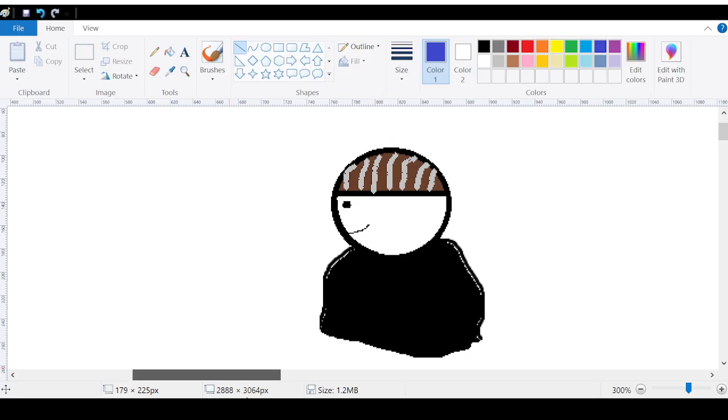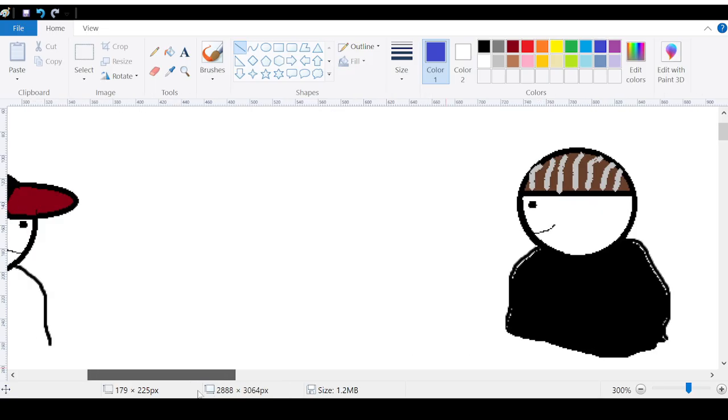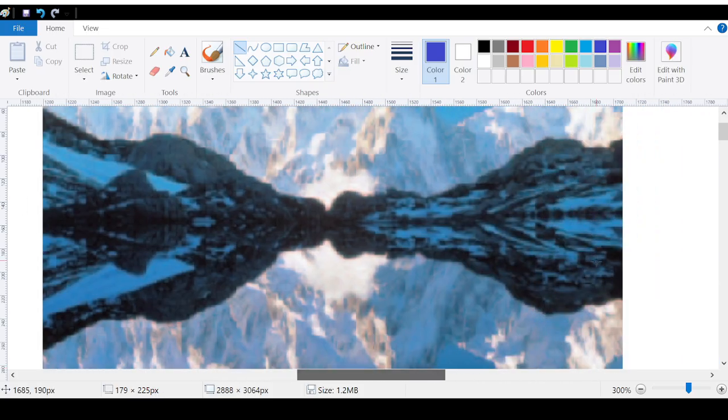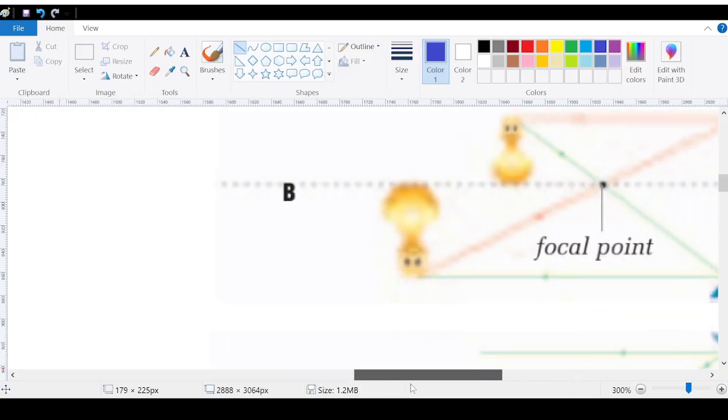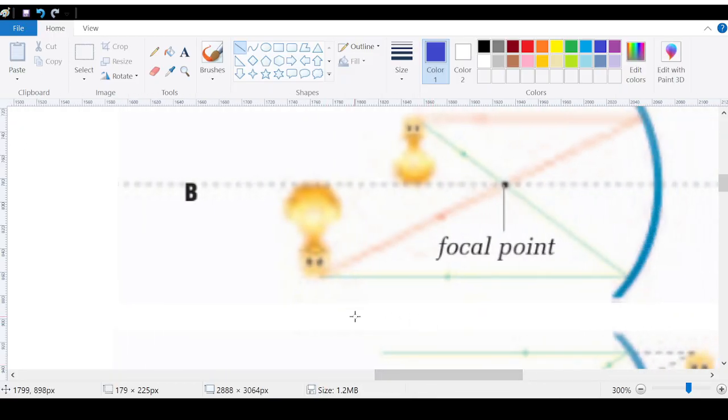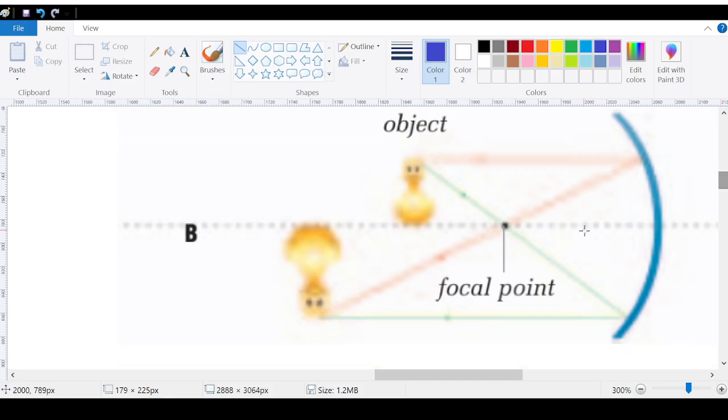So what happens when the object is behind the focal point, but closer to it? Let's find out. We move the cute little rubber ducky closer to the focal point, and we end up with an inverted image again, a reflection that's upside down. But in this case, it's bigger than the object.